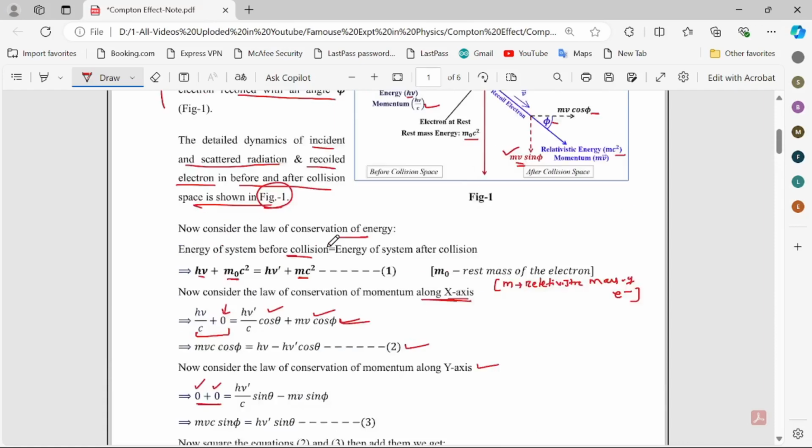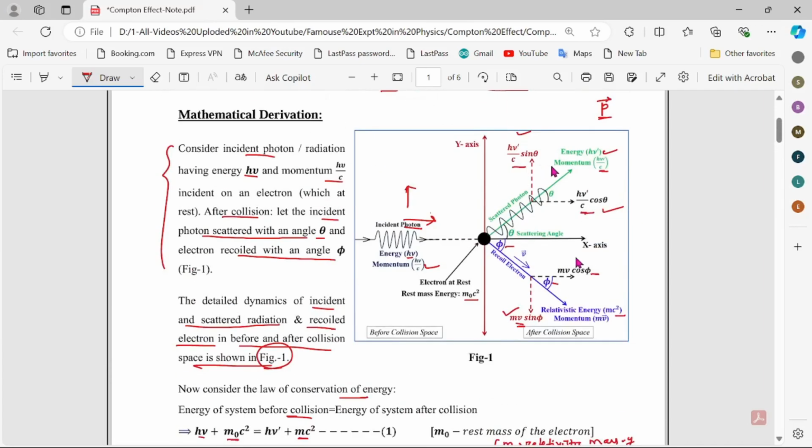After collision along y axis, for the scattered photon it is h mu dash by c sin theta, and momentum of electron is mv sin phi. But here the two momentums are opposite with each other. Along positive y axis for the photon, for electron along negative y axis.